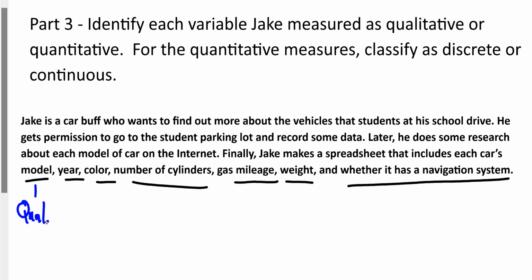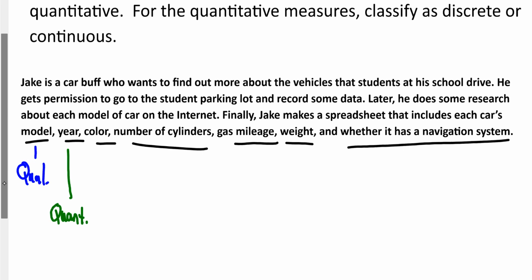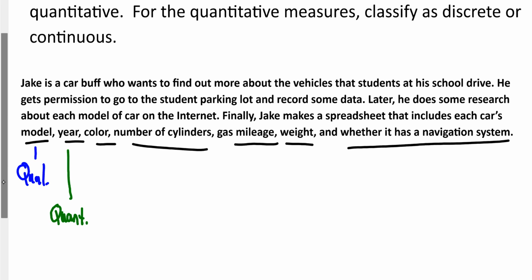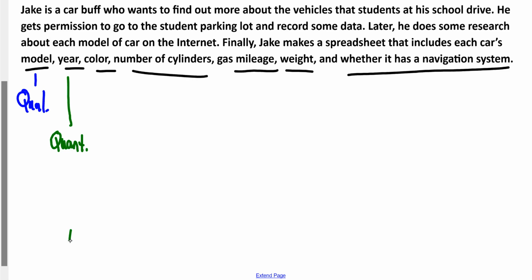The year is going to be quantitative. It's a number, and it could be any number, technically. But the year it is made is quantitative, and more specifically, you can't have a 2020 and a half. This is discrete, because it can only be whole numbers, essentially. There's no in-betweens.